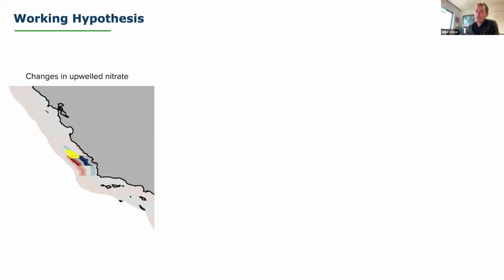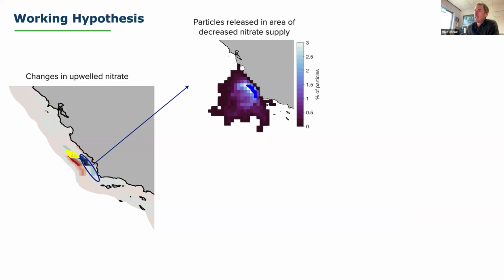So we've actually started to dig into this hypothesis a bit, and one way we can do that is with particle tracking. I'll show you some very new and preliminary work. If we focus in on these areas getting more or less nitrate supply, we can seed particles, basically release particles in that area, and see where they go.